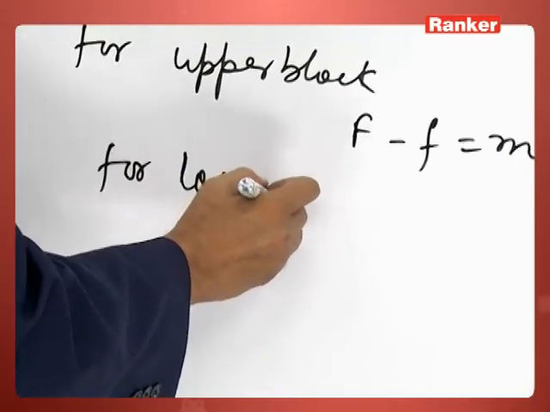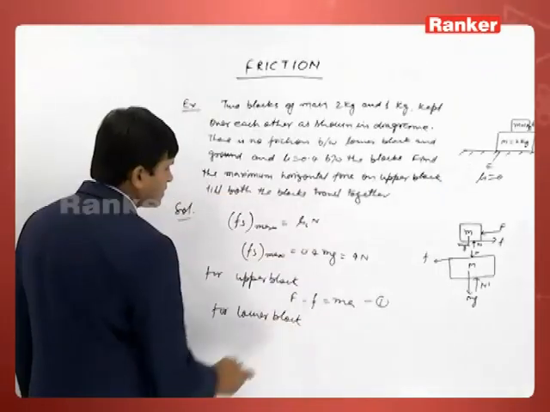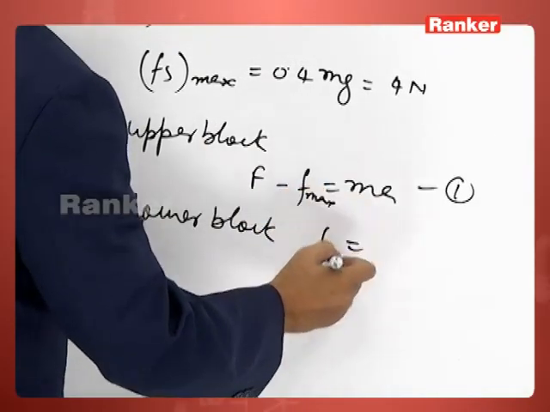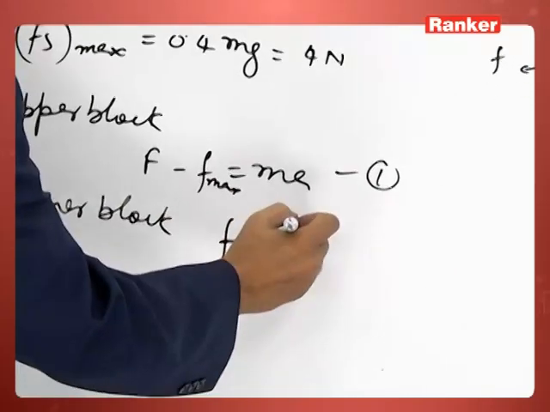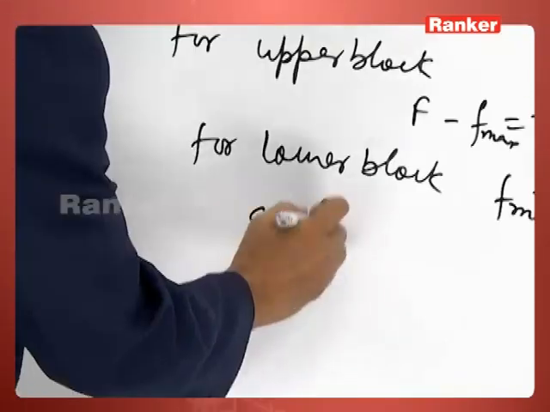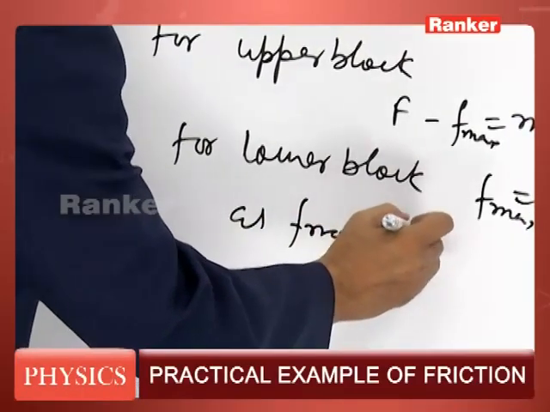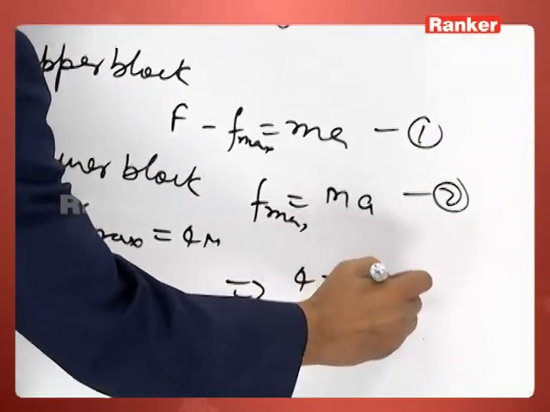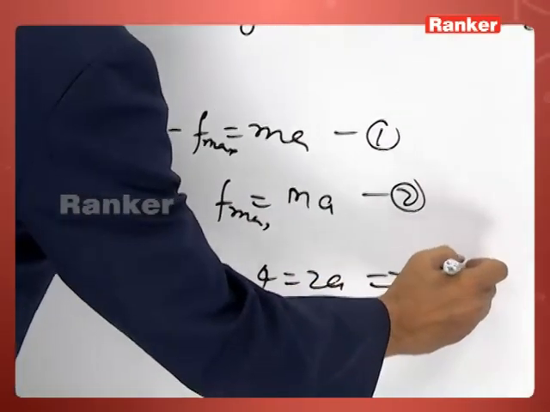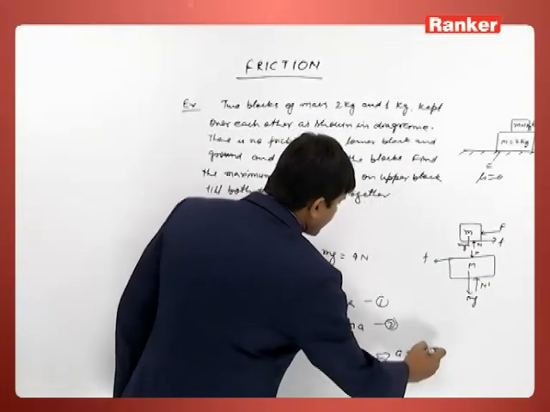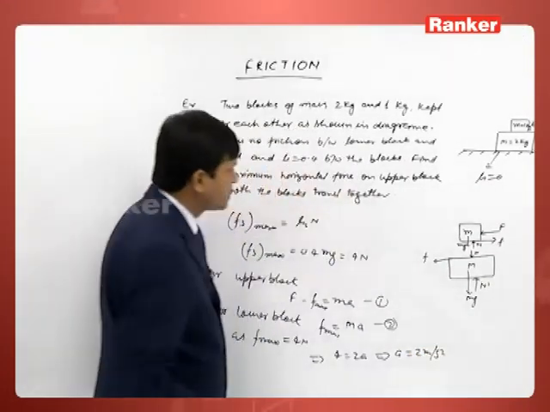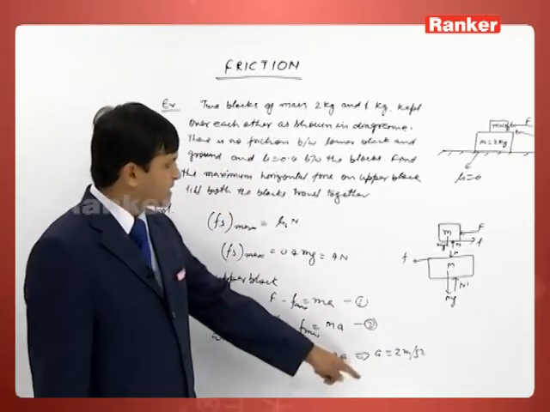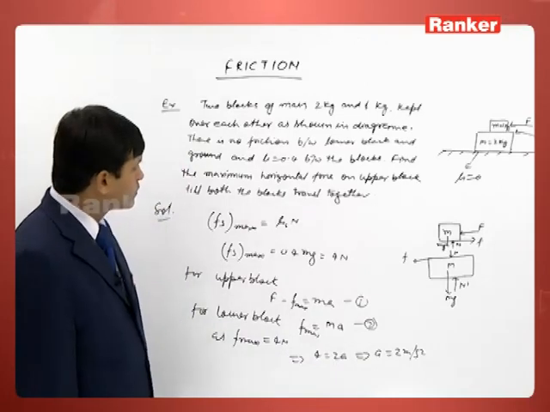For the lower block, f, we can say basically f maximum, is capital M into A. As f maximum is 4 Newton, from here 4 is 2 into A, that gives us A equal to 2 meter per second square. So if A is equal to 2 meter per second square, it means up to this acceleration both blocks will move together.